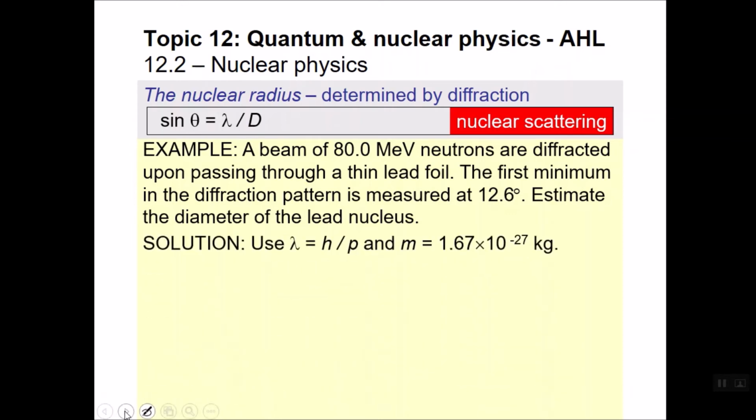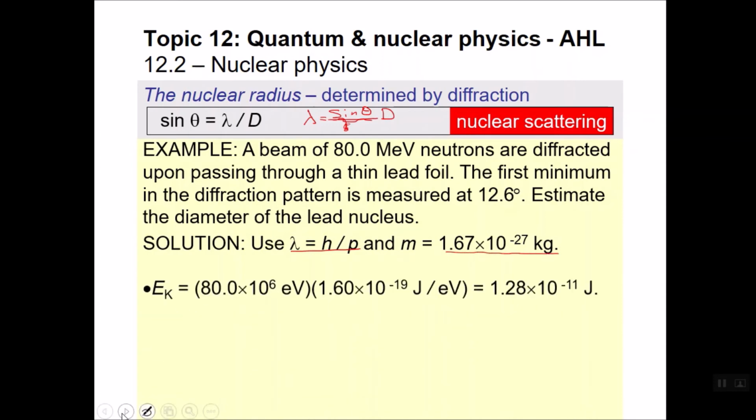Okay, so we know that up here lambda equals d times sine theta in radians, right? We also know it equals this, and we know the mass of a neutron.